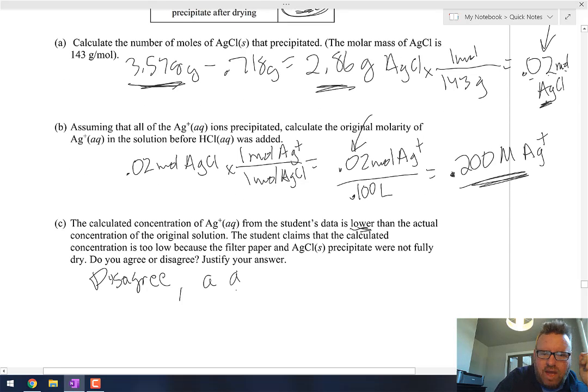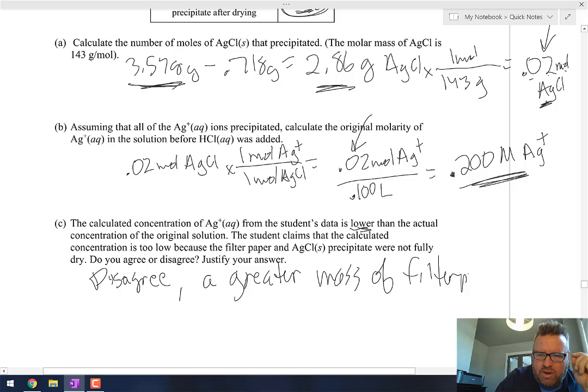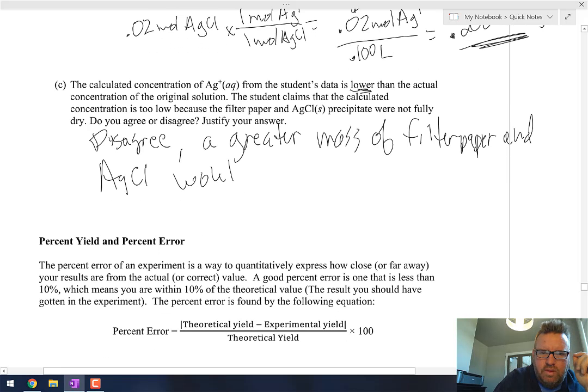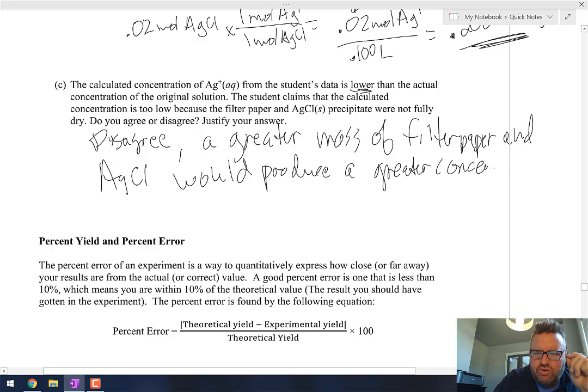Because a greater mass of filter paper and AgCl would produce a greater concentration, not a lower concentration.